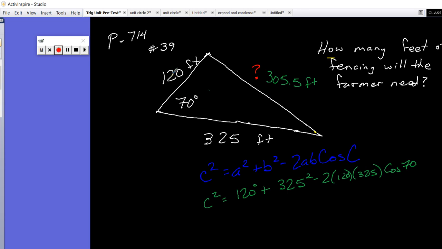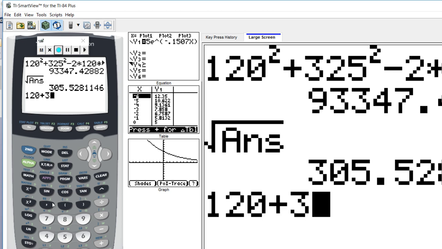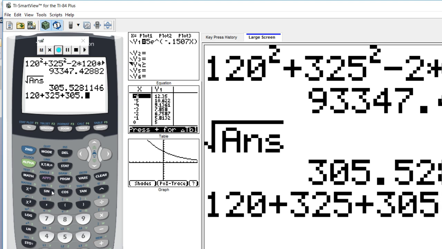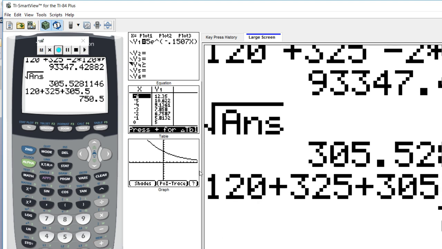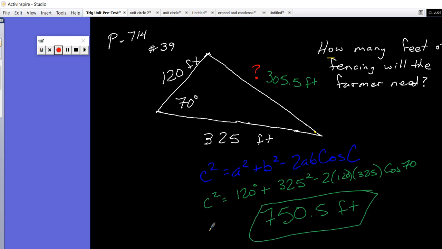So now you're just going to add those together: 120 plus 325 plus 305.5. So 750.5 feet. So that is the amount of fencing needed to enclose that triangle.